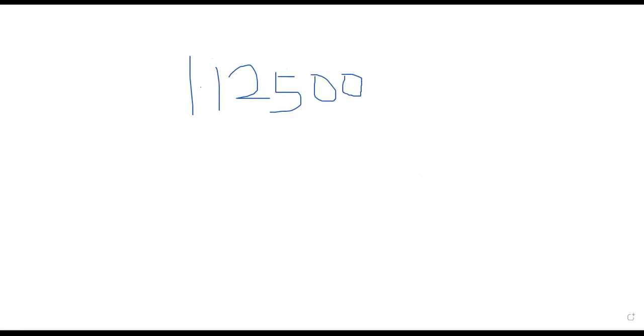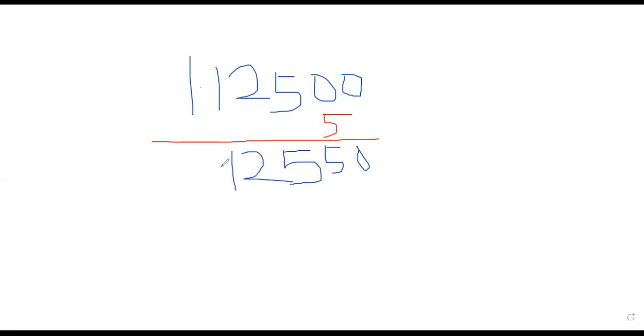Let's say you want to add 5 pips to this. So the 5 comes down at this position, and that means this will be 1.12550, adding just 5 pips.